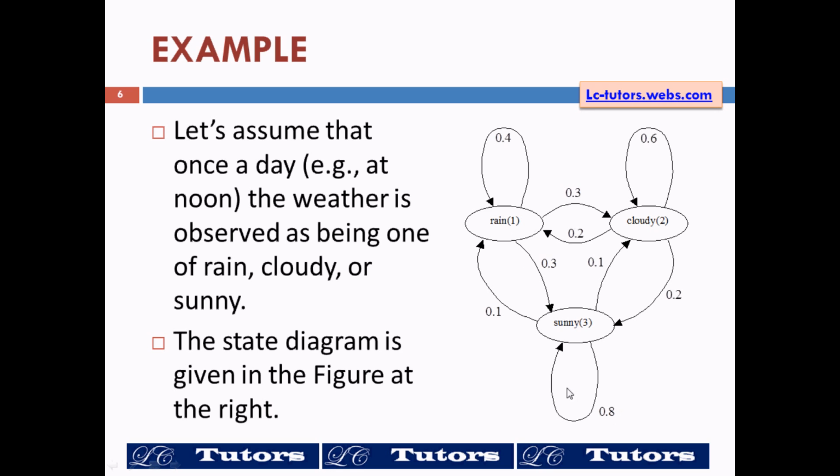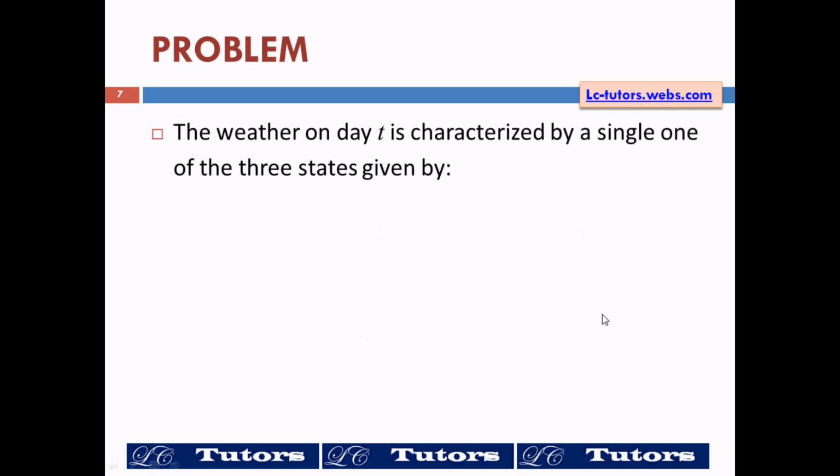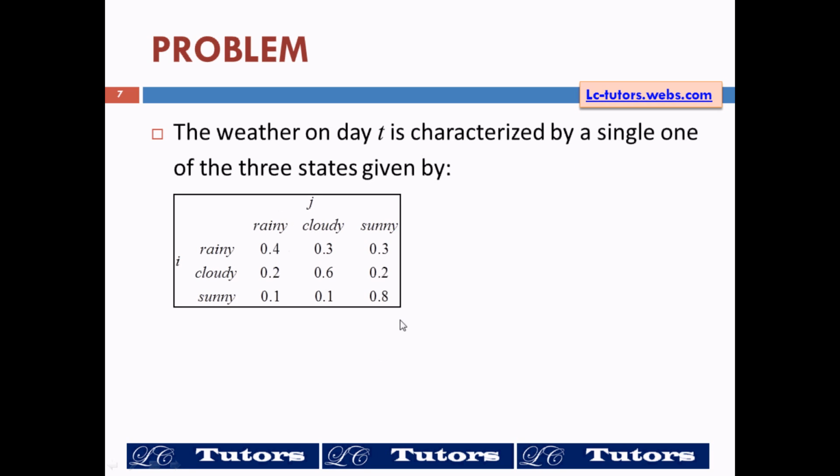So this is a model that you can create by observation of several days, then come up with a statistical table, and then put this in a diagram form. And then we can also characterize the weather on day t by a single one of the three states, given by this matrix.